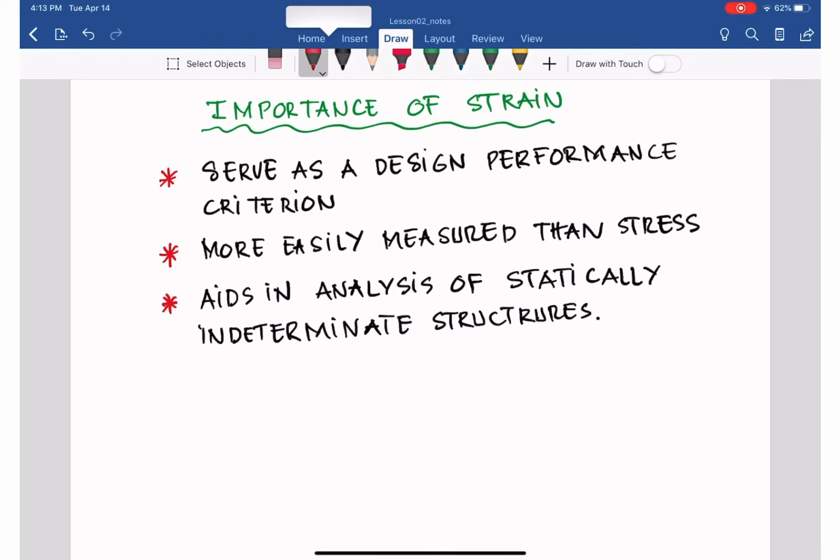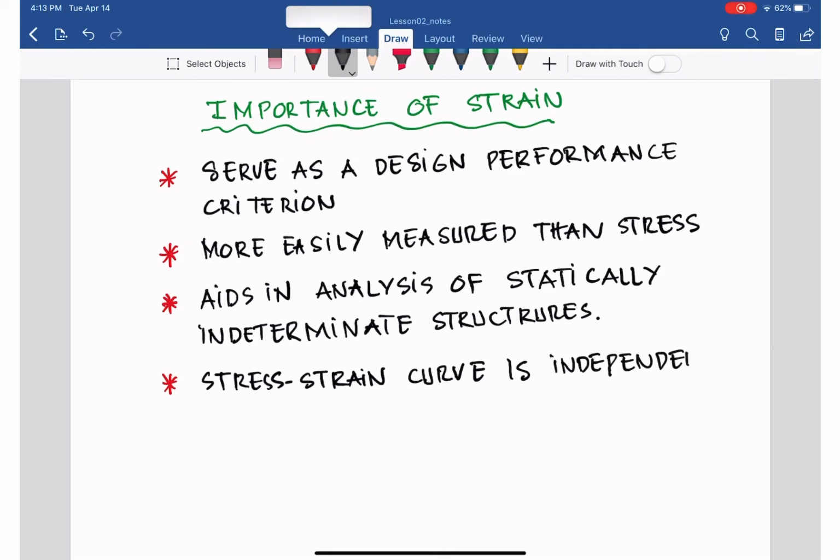And then the last important point that we want to emphasize is the stress and strain curve. The relationship, for example the normal stress and normal strain curve, is independent of geometry.